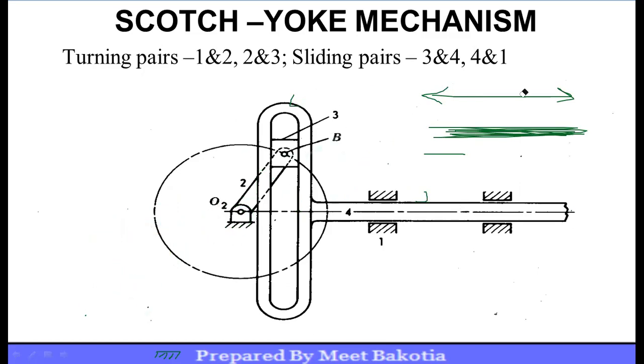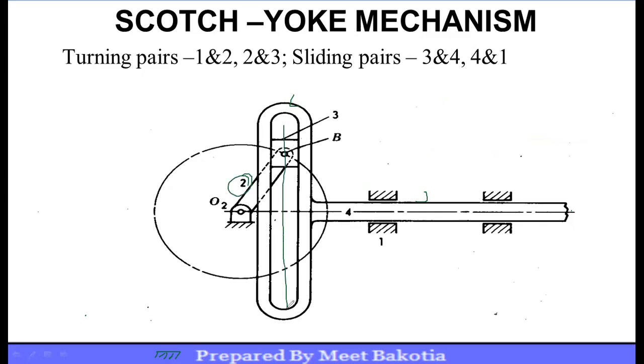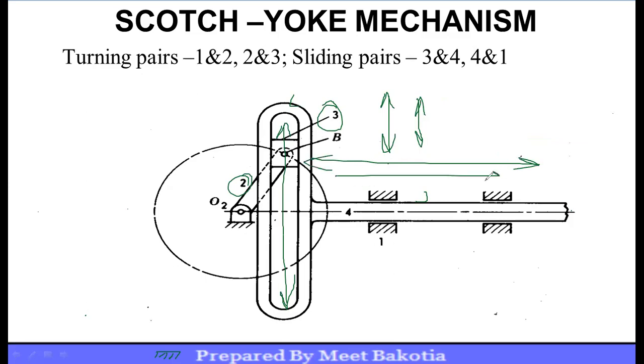As the crank, link number 2, rotates, the slider moves to its extreme positions, link 3 slider moves up and down, and with this our frame will move to its extreme positions. To and fro motion of the frame takes place.